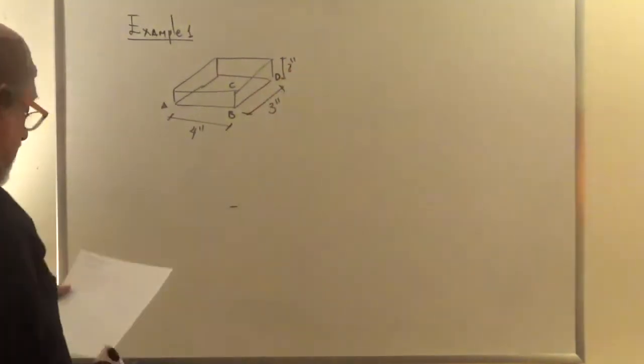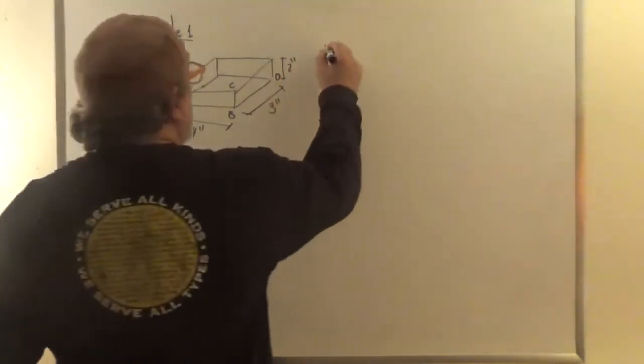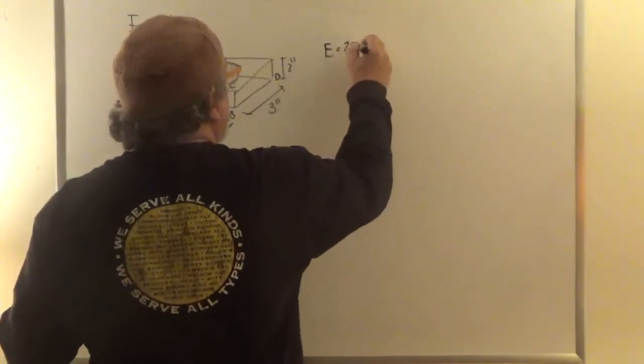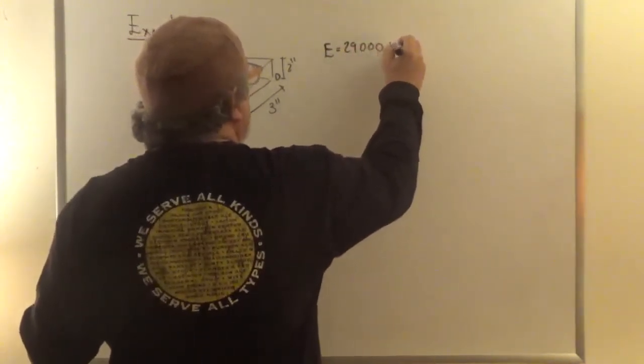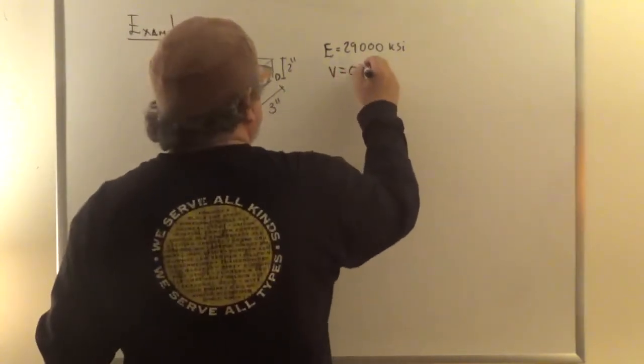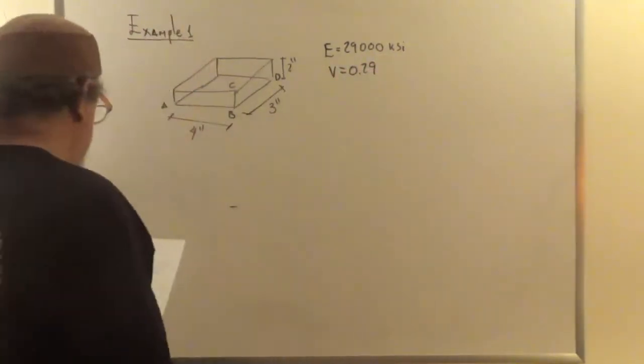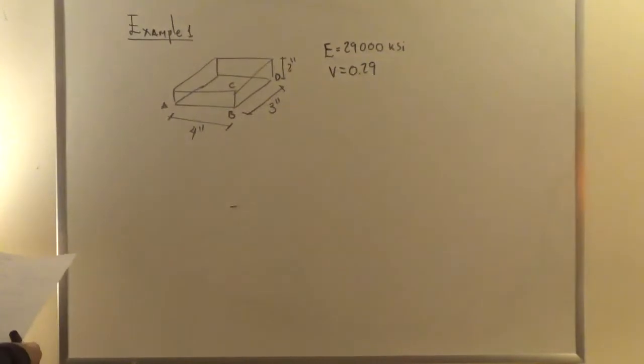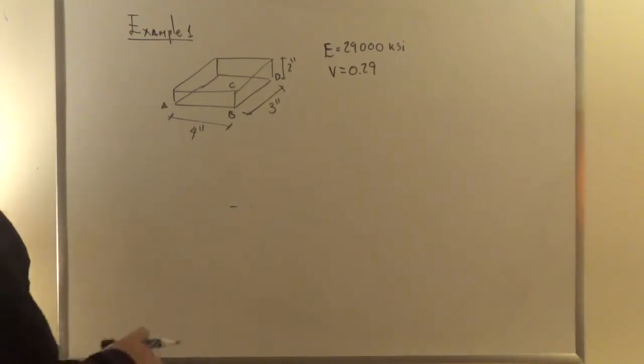I think that's all we need. We're using numbers here, so let's say that E is 29,000 kips per square inch, and the Poisson's ratio is 0.29. Okay. Let's say that the structure is subjected to a pressure.